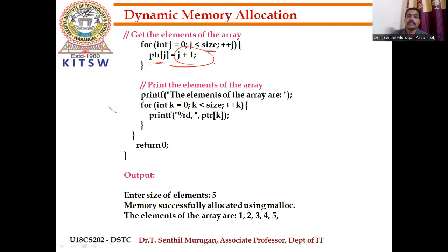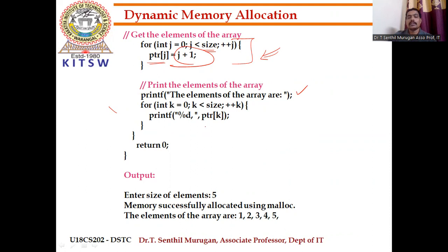So this j plus 1 is pointing to the next location, and it is used for allocating the value. It will directly allocate 1, 2, 3, 4, 5 for this array, up to the size you have given. Once the values are read, you have to print the array which we created.